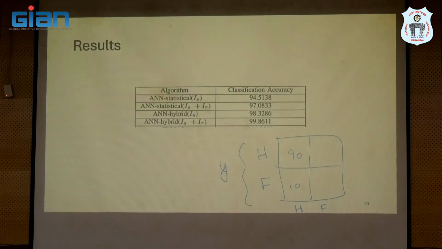On the other hand, when I throw 100 faulty data into my model, 80 times it gets it right. But 20 times it predicts it as healthy. Okay?